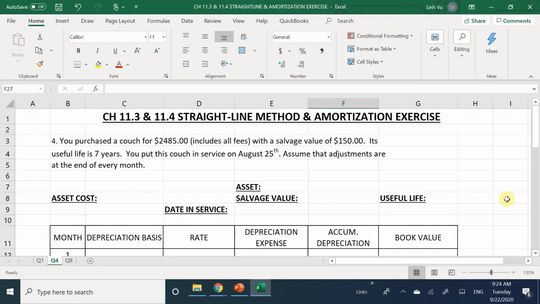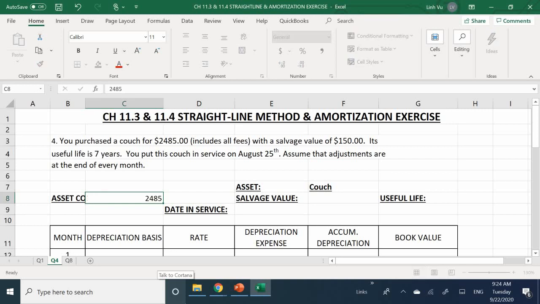Ooh, okay, so now I'm getting a little twist in here. First off, let's go ahead and determine what is my asset. It's a couch. Good. What is my total asset cost? 2485. I'm going to make this a dollar value.